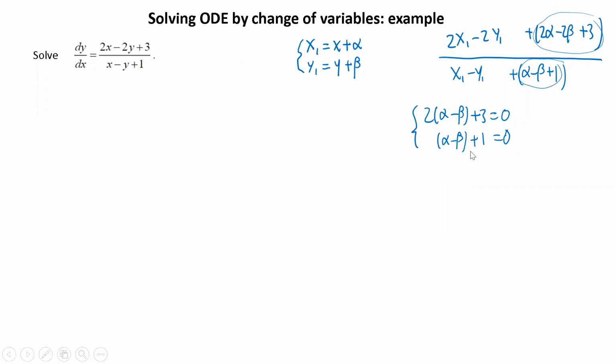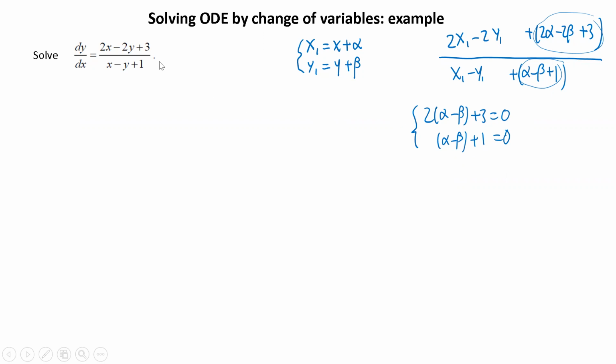From the second equation, you find that alpha minus beta has to be equal to -1. But if you substitute alpha minus beta equals -1 back into the first equation, then you have -2 plus 3 equals 0. So that means there's no solution.